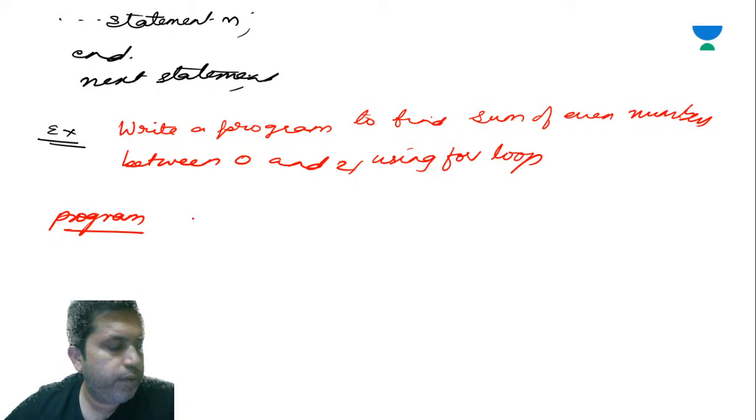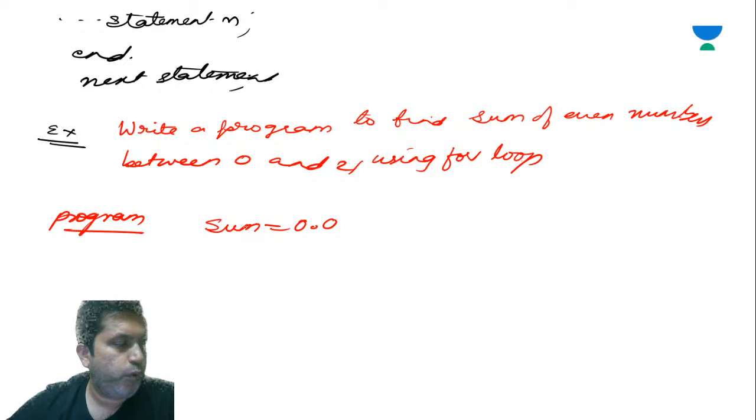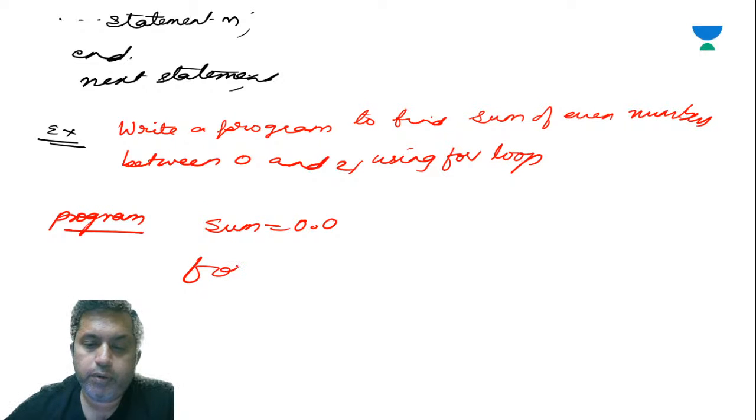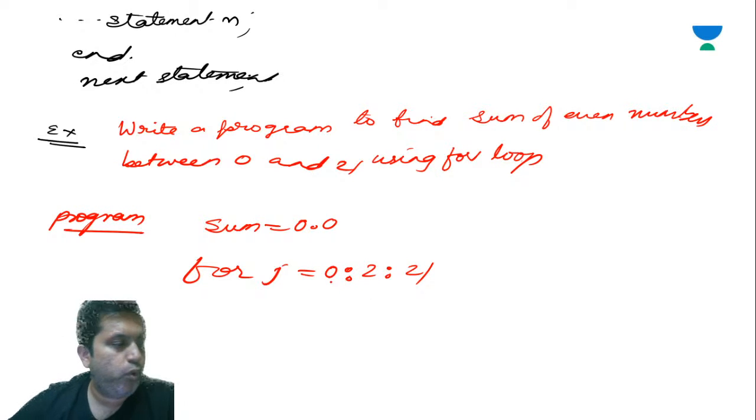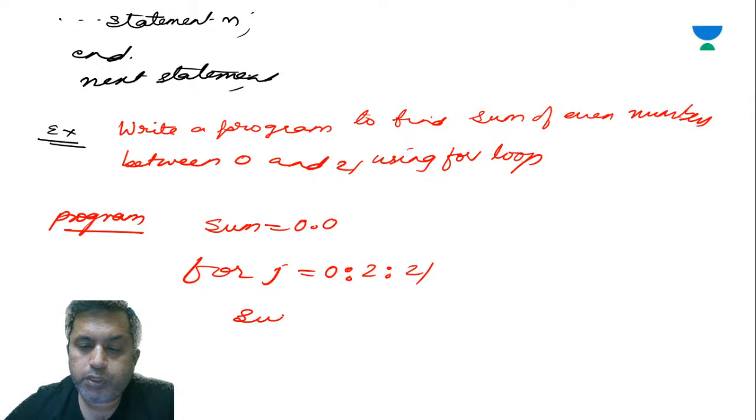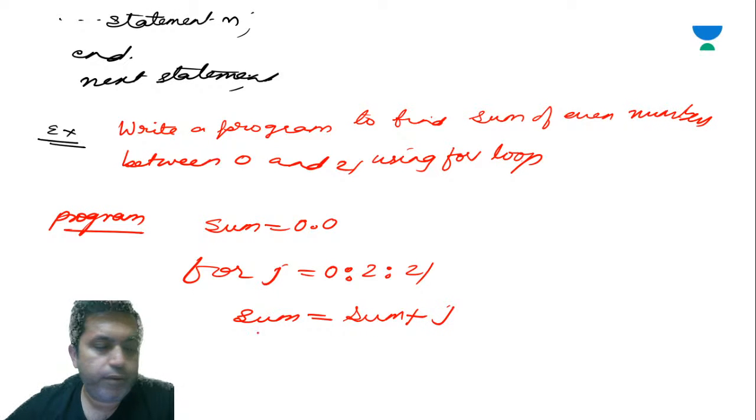It will be sum equal to 0. For j is equal to 0 to 2 to 21. For even numbers, increment will be 2. Okay, from 0, if initial is 0, sum is equal to sum plus j.